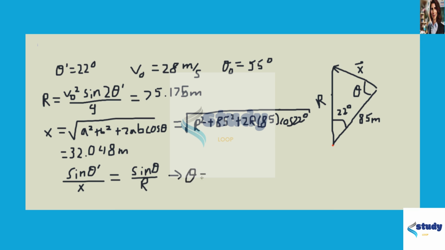We know everything else. Theta is equal to the inverse sine of R divided by X times sine of theta prime. If you plug in for R 75.175 meters, for X 32.048, and multiply that ratio by the sine of 22 degrees, you will find that that comes out to equal 61.49 degrees.